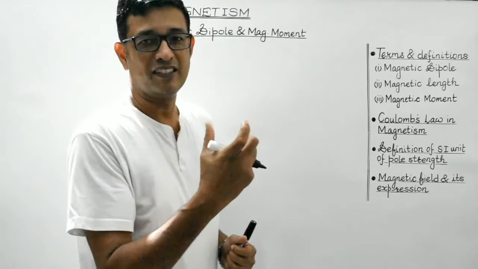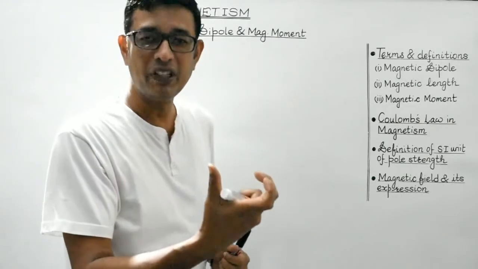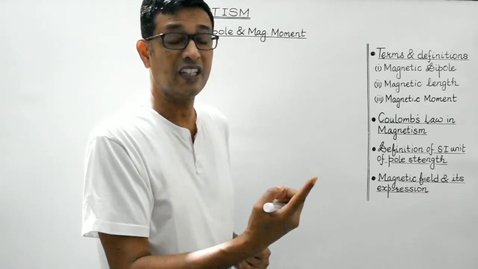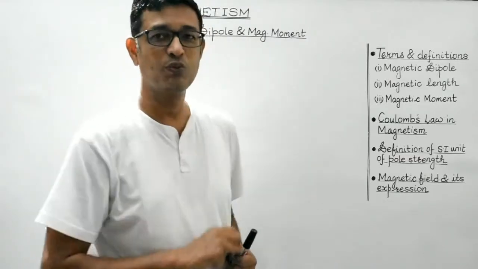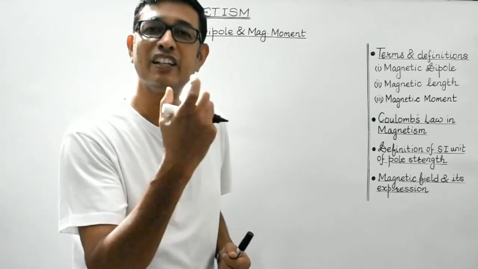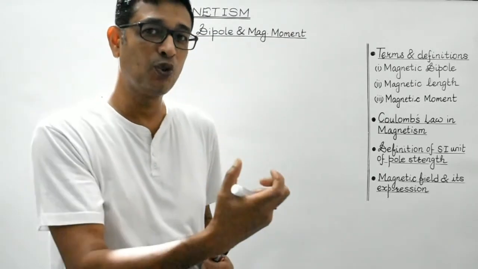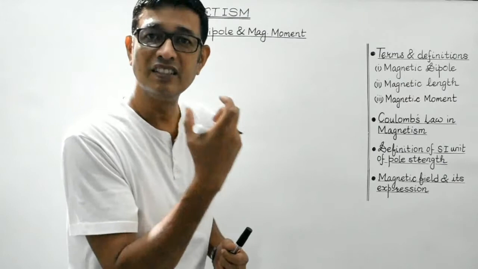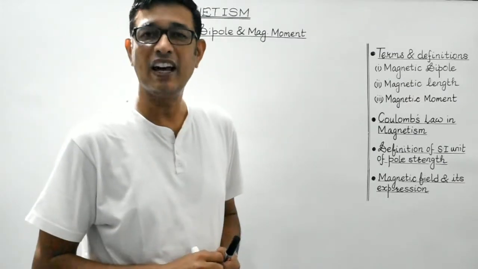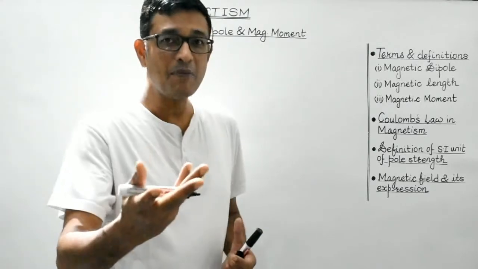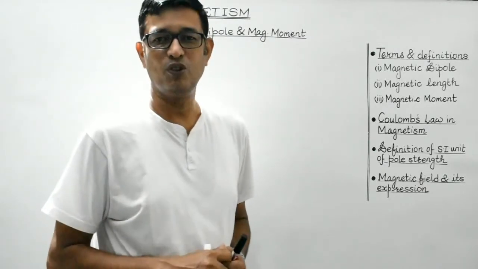So a bar magnet is a fundamental arrangement comprising two equal and opposite poles, that is north and south pole. This fundamental arrangement comprising two equal and opposite poles separated by a finite distance is known as a magnetic dipole. Actually, a bar magnet may be termed as a magnetic dipole, right?